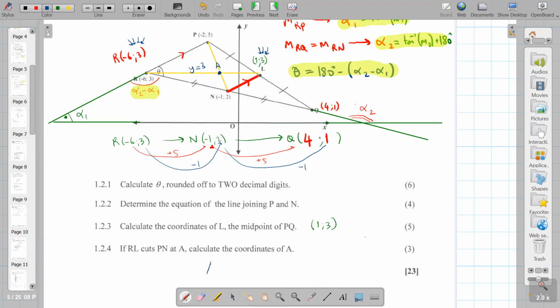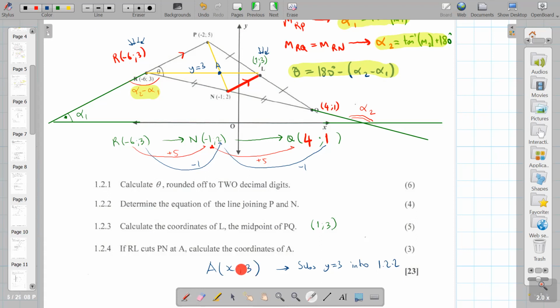So what I know is the y coordinate of A is 3 because it's already on that line. That's all. And how can I find the x coordinate? You just substitute y = 3 into equation 1. Okay, so basically to find x, substitute y equal to 3 into equation 1. That's it. So that will give you x, so that will give your answer.